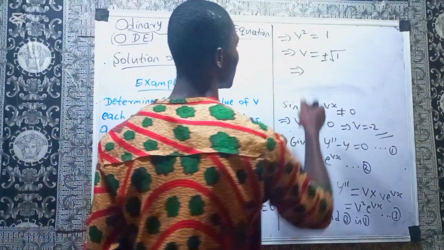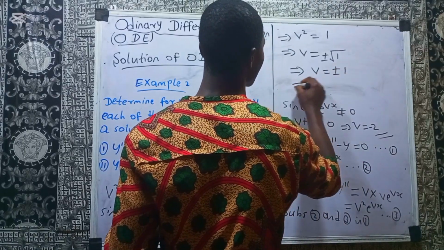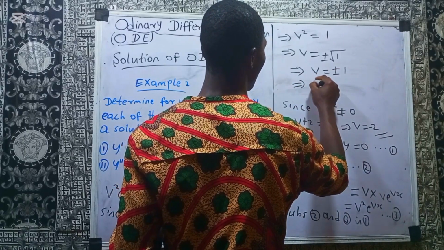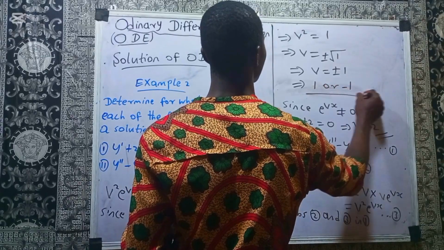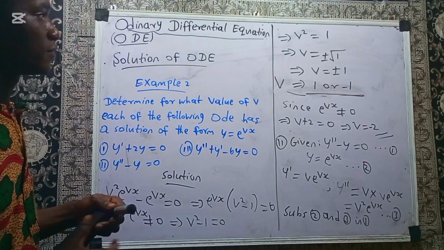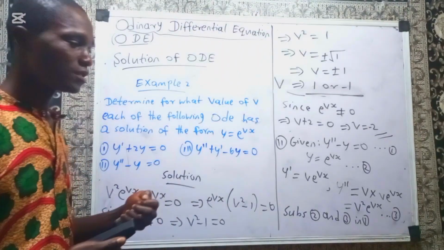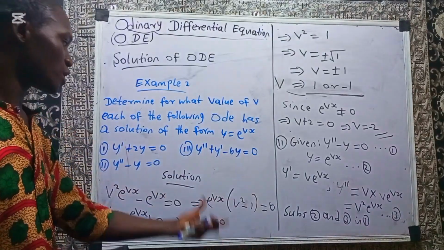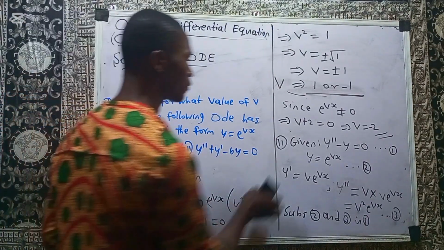So you are going to have v equals plus or minus 1, which implies that v is positive 1 or negative 1. So these are the two values of v for that. So remember, it's the values of v we are getting for which this exponential vx will be a solution of the respective ODEs. So we can proceed.